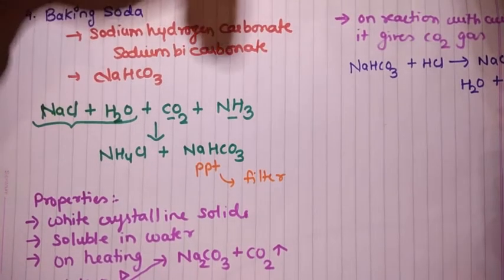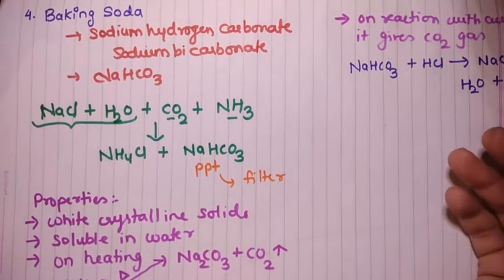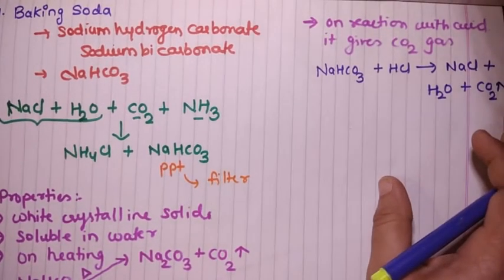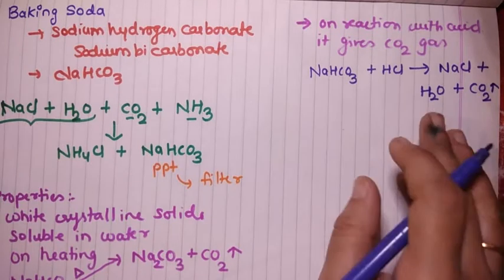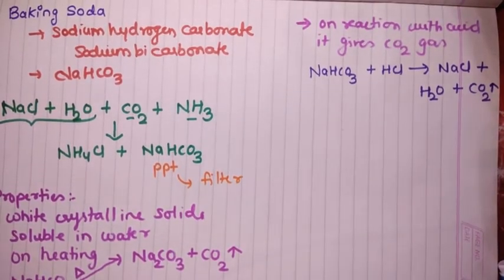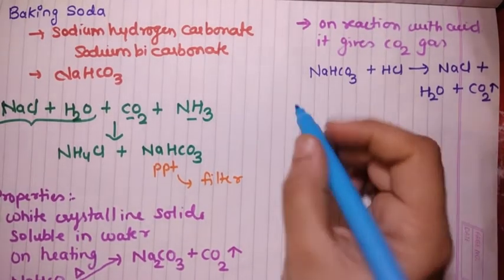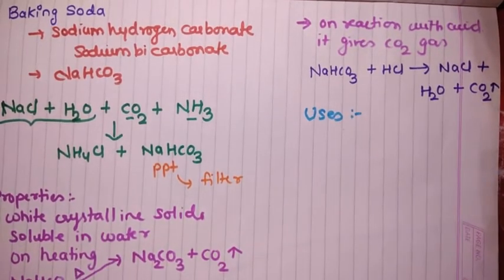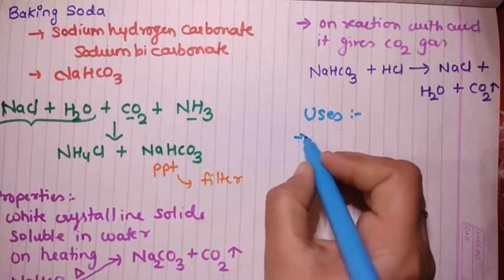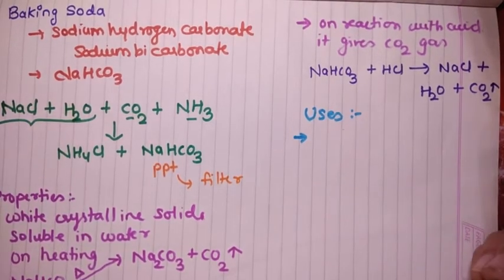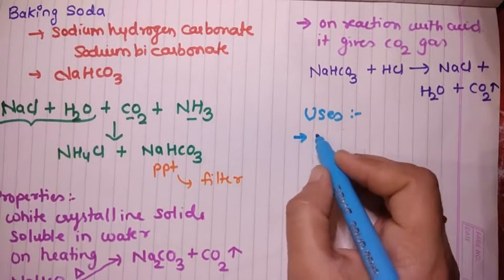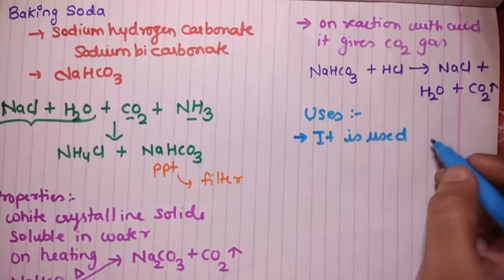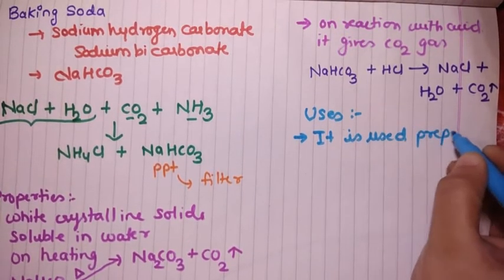So in this way you can find these are the properties of sodium hydrogen carbonate. Now if you talk about the uses, it also has applications in many areas. For example, a very well known example is that it is used in the preparation of baking powder.